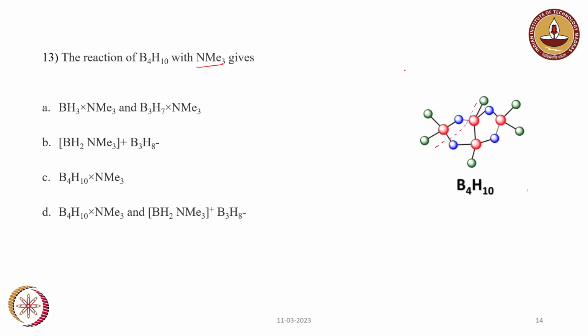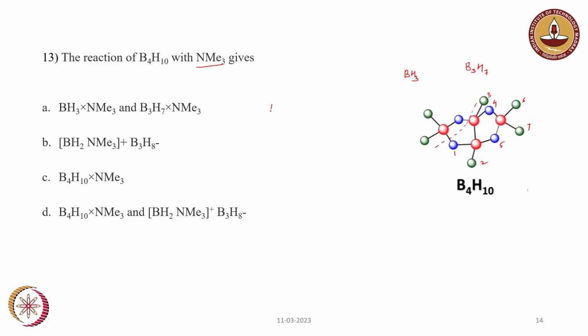So it will be BH3 on one side and B3H7 on the other side. So here 1, 2, 3, 4, 5, 6 and 7. That's the 7 hydrogen on the one side with 3 boron. Here 1 boron and 2 terminal and one of the bridged hydrogen.